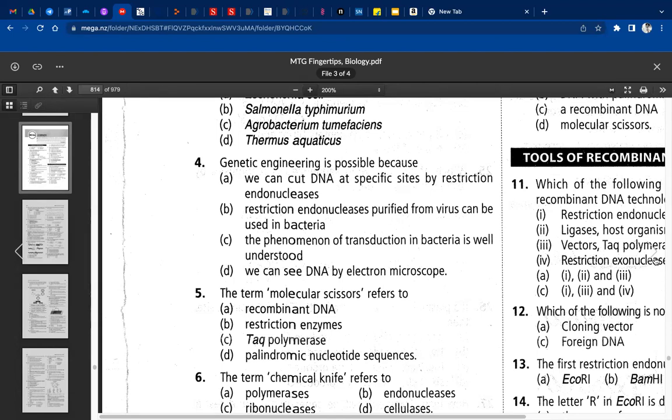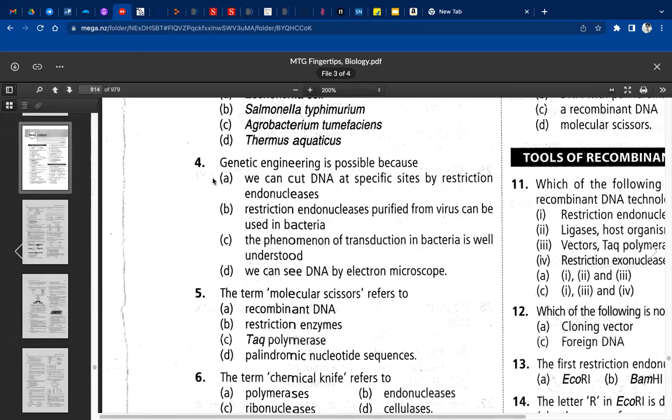I'm sure that you will figure out what's wrong with that statement. Yes, so people, the right answer is option A.